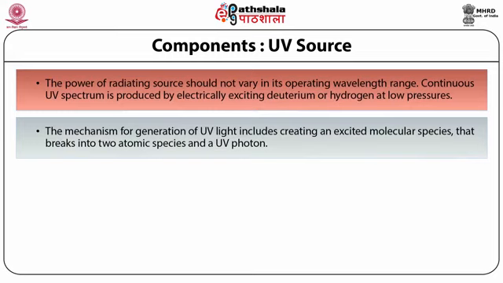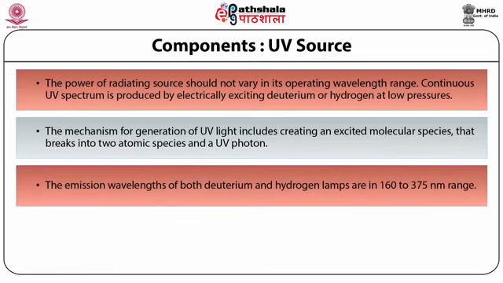The mechanism for the generation of UV light includes creating an excited molecular species that breaks into two atomic species and a UV photon. The emission wavelengths of both deuterium and hydrogen lamps are in the 160 to 375 nanometer range.